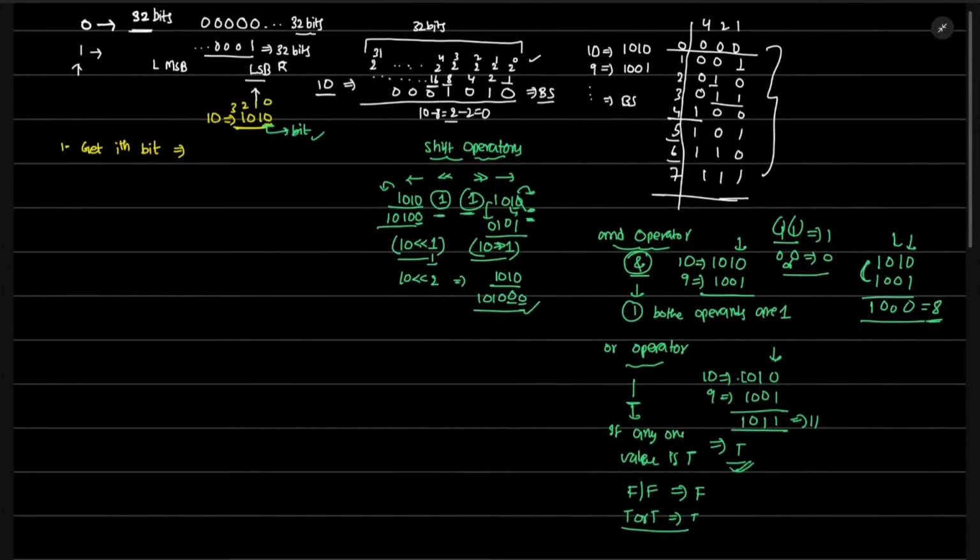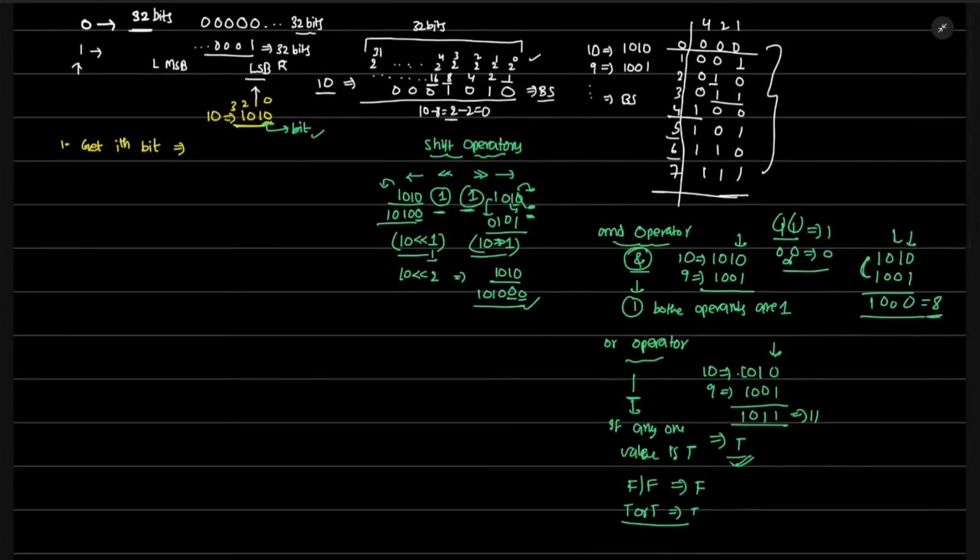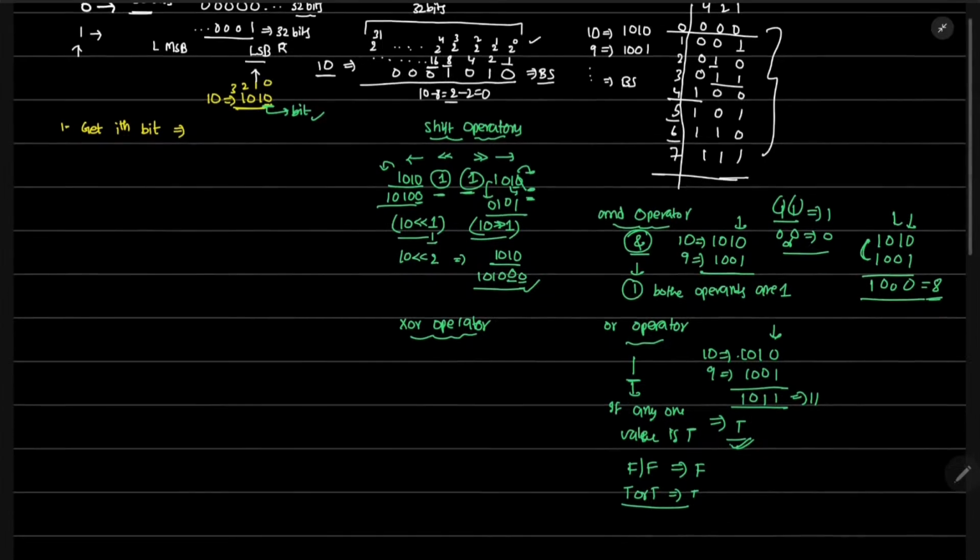Now there is one more operator we need to learn, that is the XOR operator. This is very important, guys. We will be using this operator in many problems, so listen carefully. For AND, if both are true, then only it will be true. For OR, if both are false, then only it will be false. Left shift and right shift are clear. Coming to XOR, it is very simple.